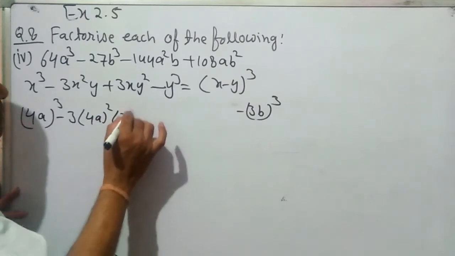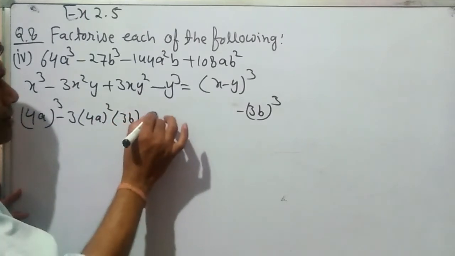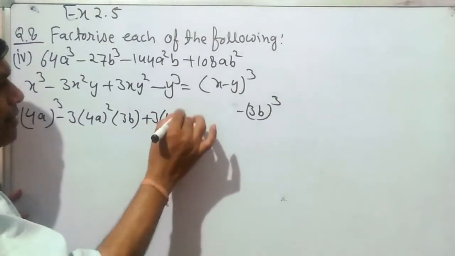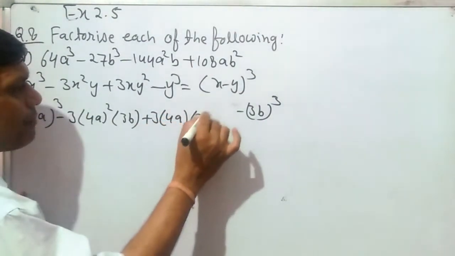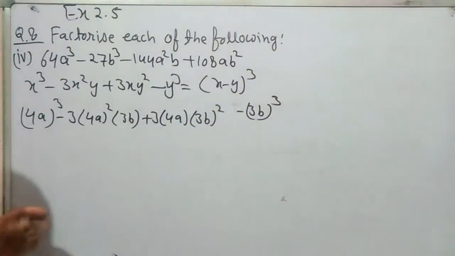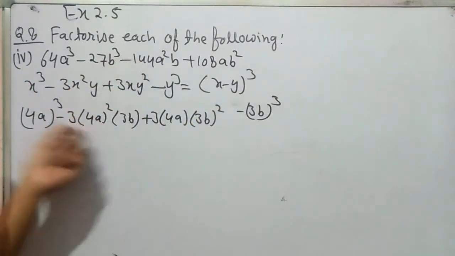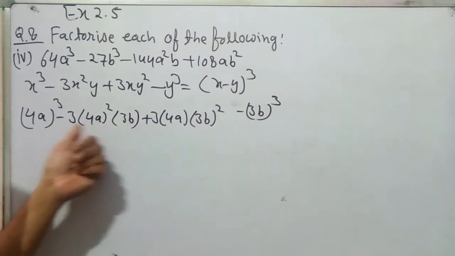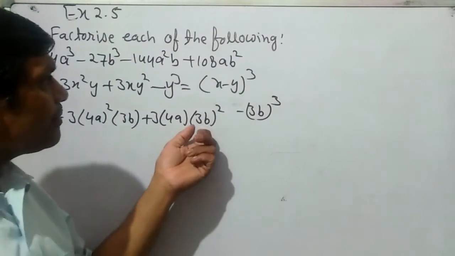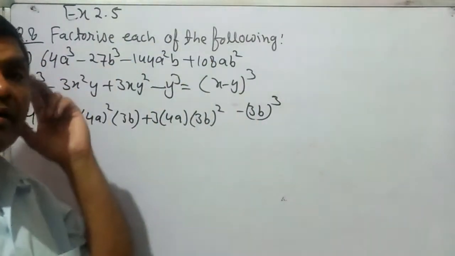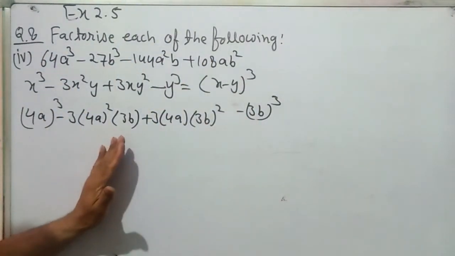Y is 3b, plus 3 multiplied 4a, y, that is 3b square. Tally them. 16 into 9, 144a square. That's 9 into 12, 108ab square. They are matching.